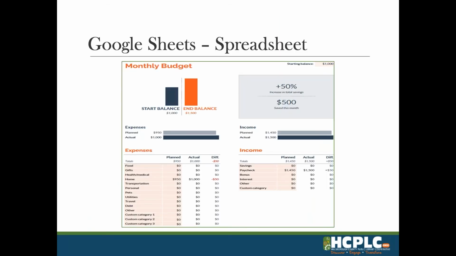So I've got an example here of Google Sheets. This is a spreadsheet. This is just from a template that's provided by Google. It's for a monthly budget. And I don't have it included here, but it has instructions that are normally listed at the top. It tells you how to enter each thing into the field, the different values, and how it will calculate for you.